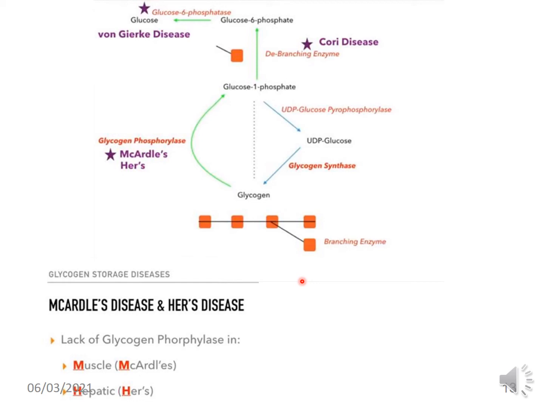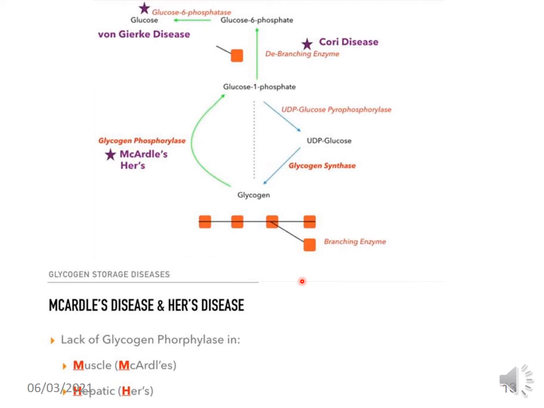Always remember McArdle disease is related to the muscle, meaning lack of glycogen phosphorylase in the muscle. Hers disease is lack of glycogen phosphorylase in the liver. So glycogen accumulates in the muscle and in the liver.